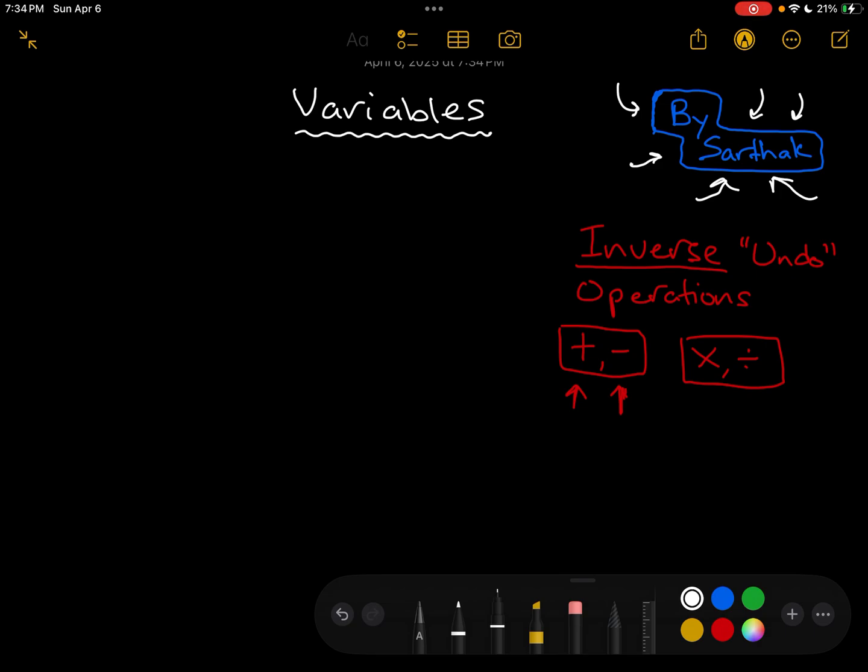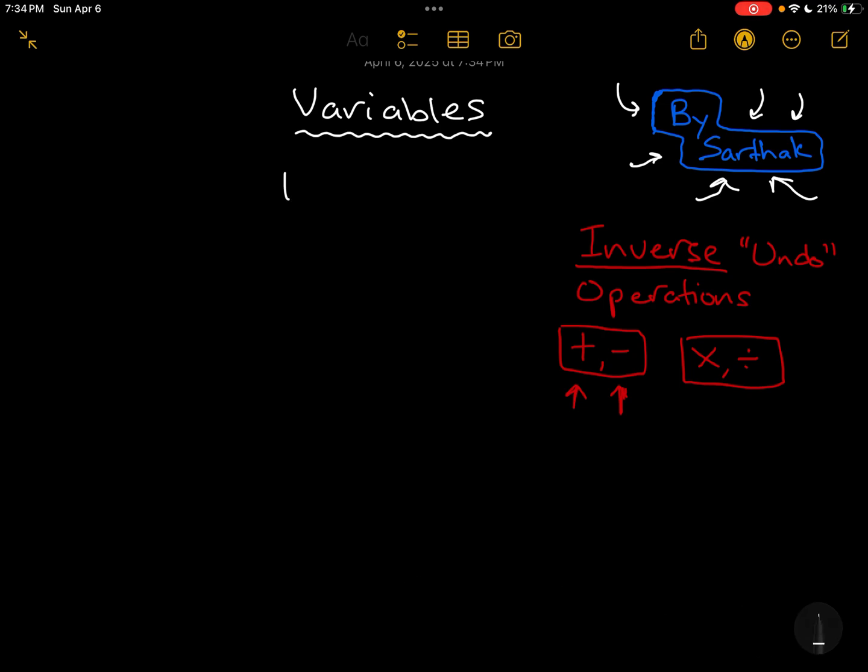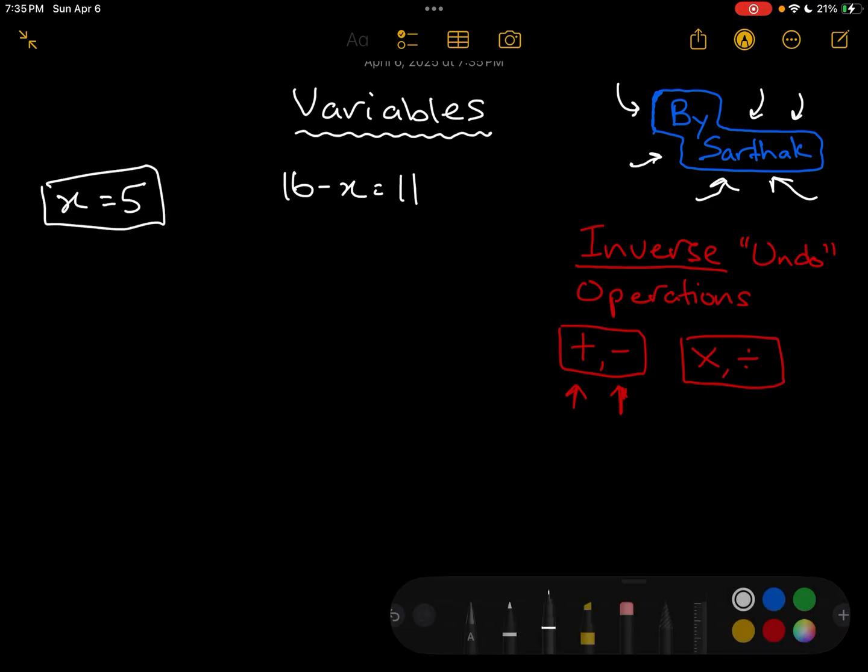Now, every time I put x at the start, but let's see a scenario where x is in the middle of somewhere. Say we have 16 minus x is equal to 11. Now we can easily tell x is equal to 5. No doubt. I agree.